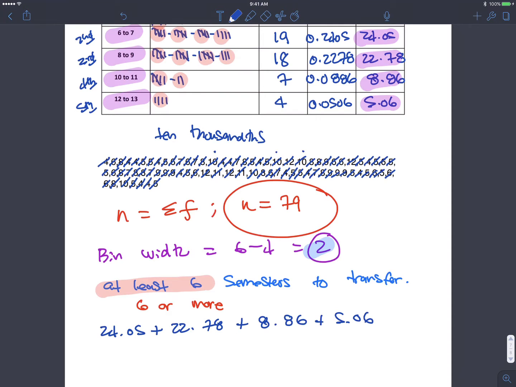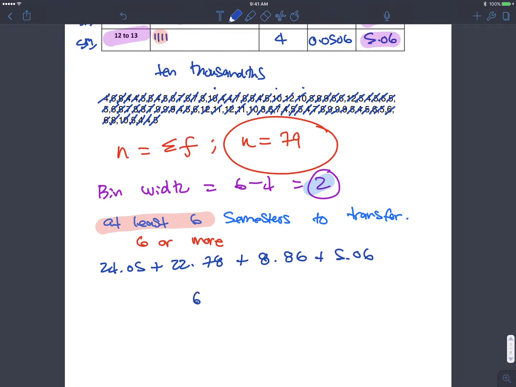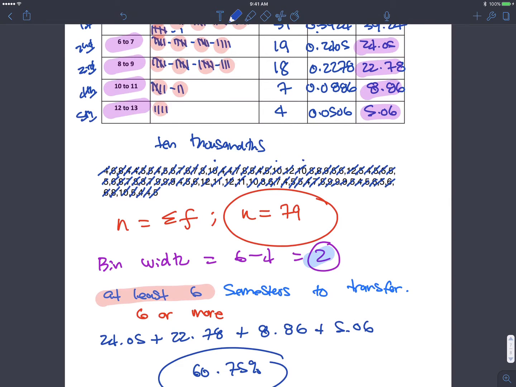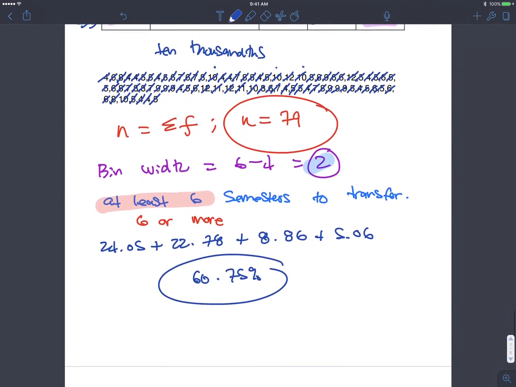Okay, let's see what our calculator says. 24.05 plus 22.78 plus 8.86 plus 5.06, and we end up getting 60.75%. So 60.75% of the sample here took at least 6 semesters to transfer based on this data.